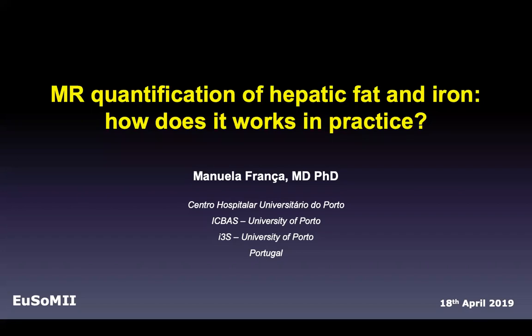And so if we can measure fat and we can accurately stage liver fibrosis, I think that we will not need liver biopsies in most of the patients with NAFLD.